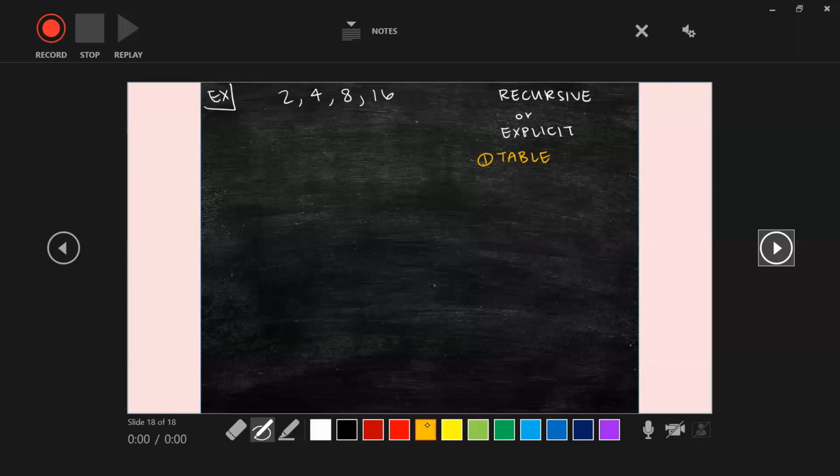So creating our table isn't so hard. We've got n and a sub n, and I just list my a sub n. Now, Ethan, do you have any guesses on if this is recursive or explicit?